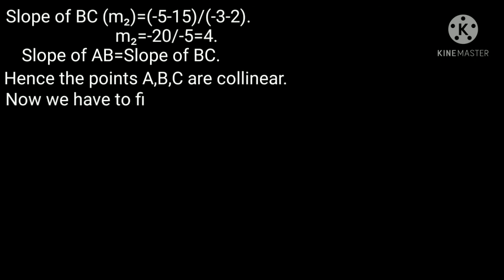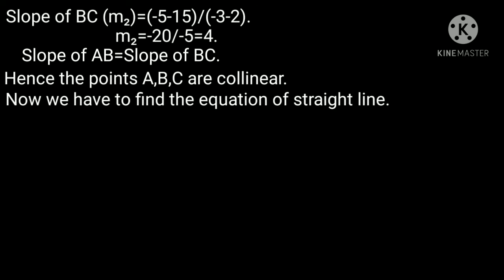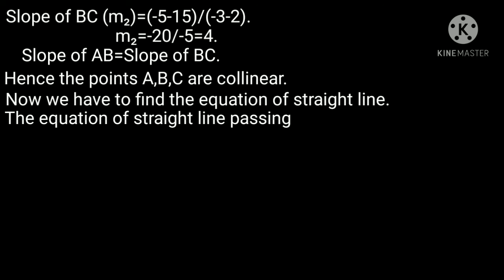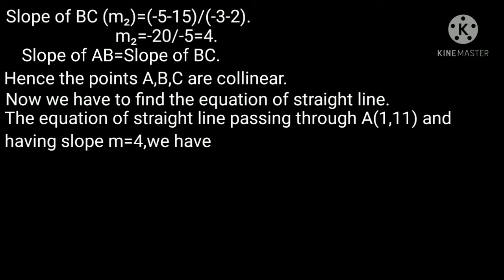Now, we have to find the equation of the straight line. Since A, B, C are collinear, the straight line equations formed from these points are the same line. Then the equation of the straight line passing through the point A (1, 11) and having the slope 4 has the formula y minus y1 equal to m into x minus x1.